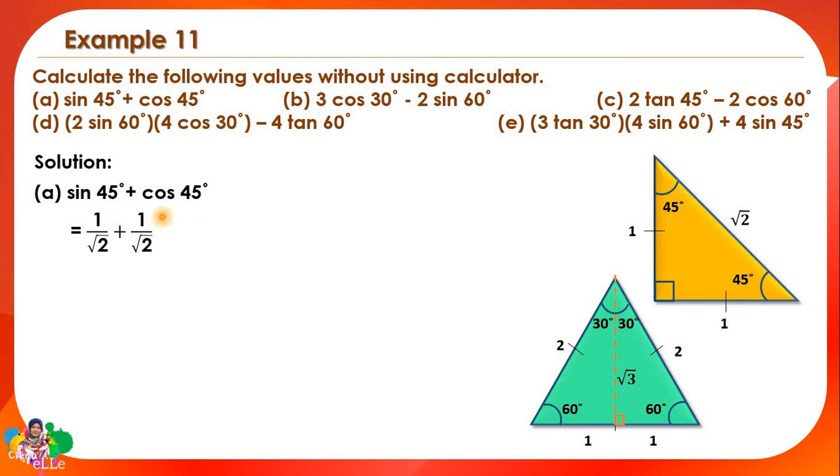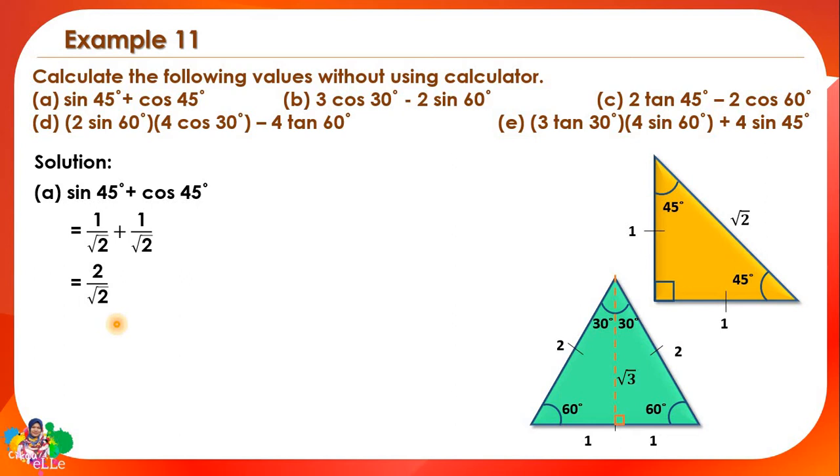Alright, so you solve this one, you get 2 over square root 2. But this is not the final answer because in surd form, a surd cannot be the denominator. You have to simplify this one.